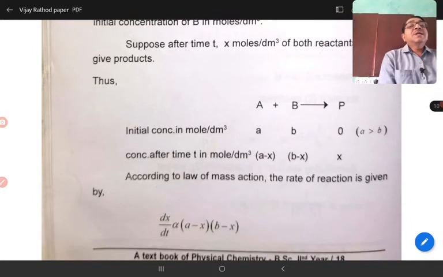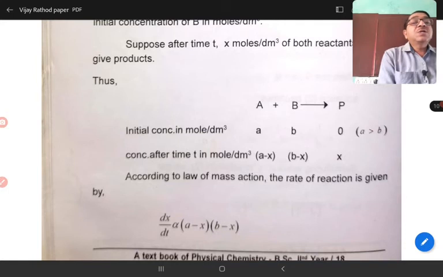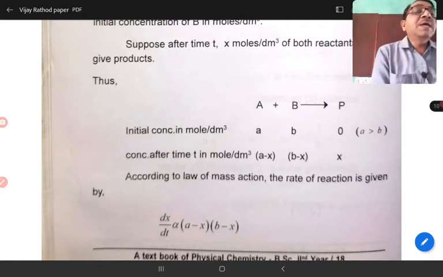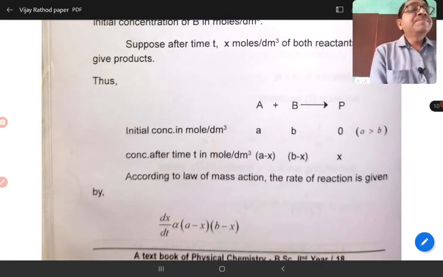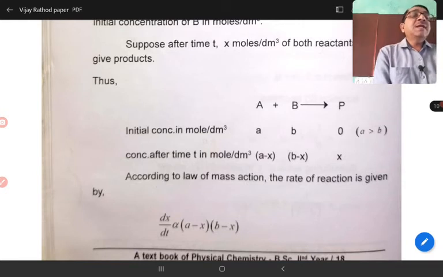Here, similarly as earlier, the initial concentration is in moles per decimeter cube. So small a is represented for capital A and small b for capital B, and at initial time the product is 0. Here the condition is shown as a is greater than b.